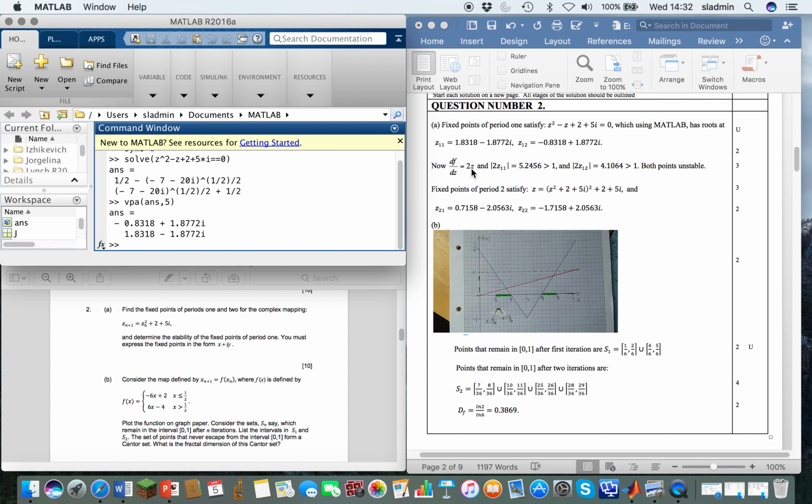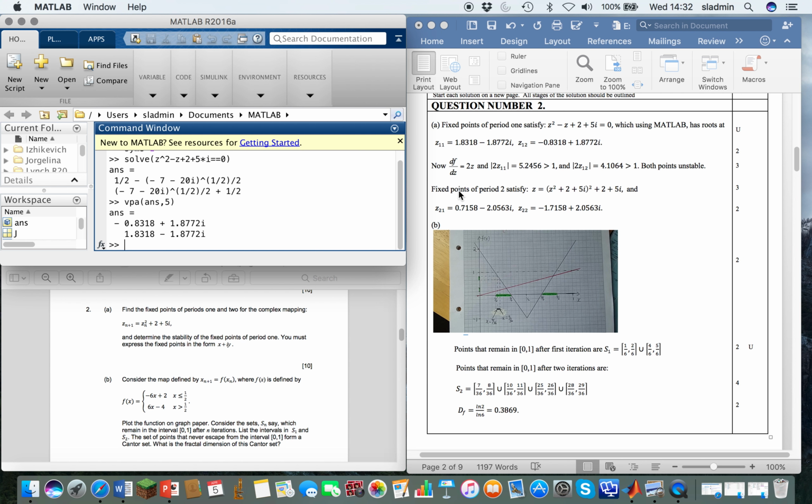If we differentiate f, we just get 2z. And then we take the modulus for each of these fixed points. So the modulus of 2 Z11, again, you can easily find this with MATLAB. You can see that number is bigger than 1, and the modulus of 2 Z12 is also bigger than 1. So both of these fixed points are unstable.